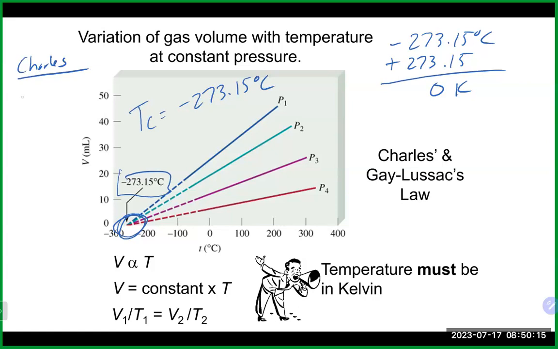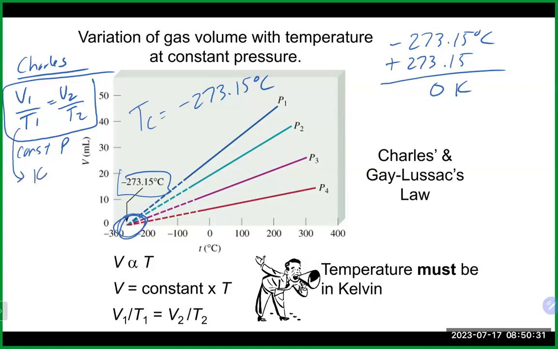So Charles' law basically is our V1 over T1 equals V2 over T2. This again is at our constant pressure. So this is where we're going to get our volume to adjust to allow that pressure to stay constant. And once again, temperatures do need to be in Kelvin. And as the volume goes up, so does the temperature.